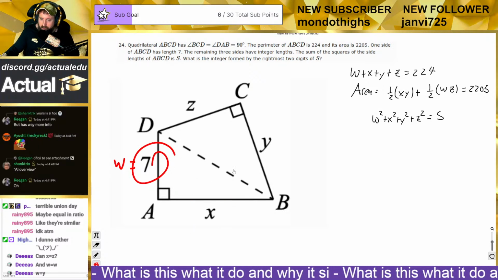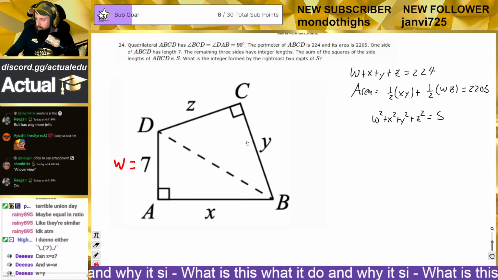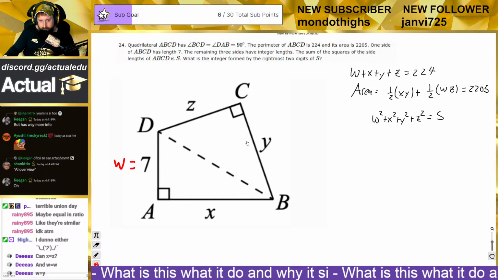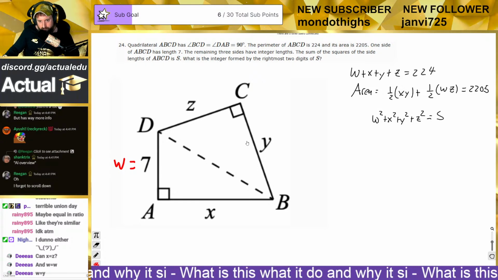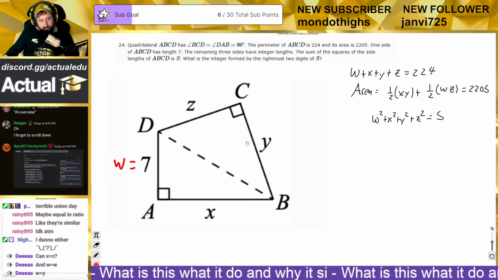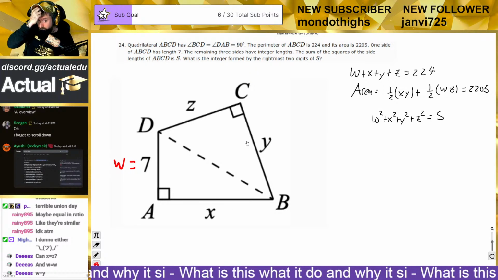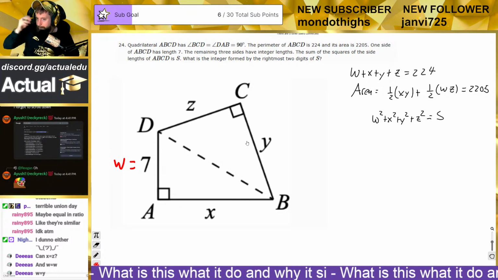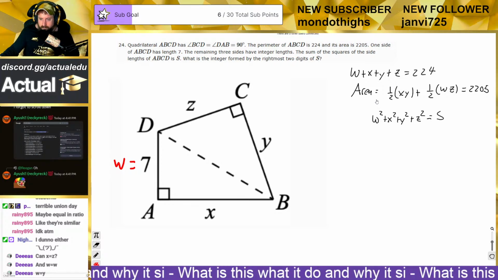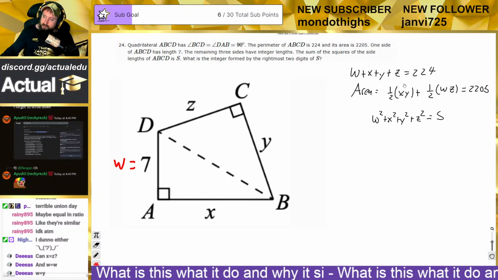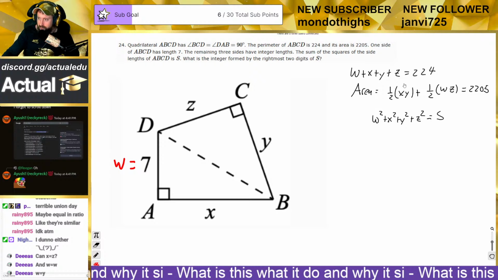Because this squared plus this squared must equal something. There's some theorem thing. What was it called, guys, where things have to be integers?